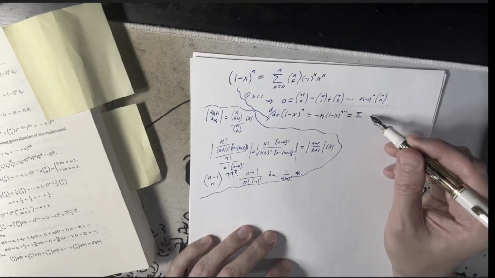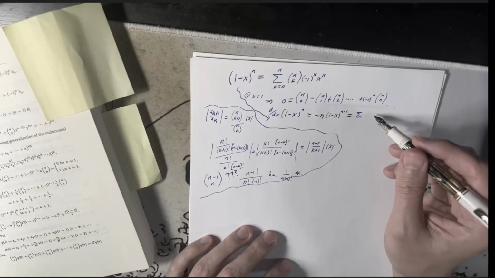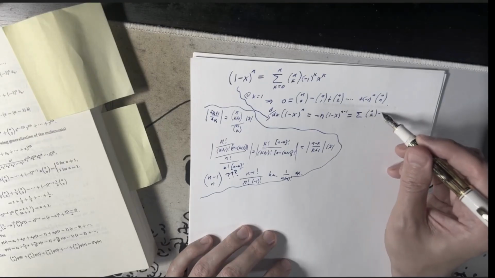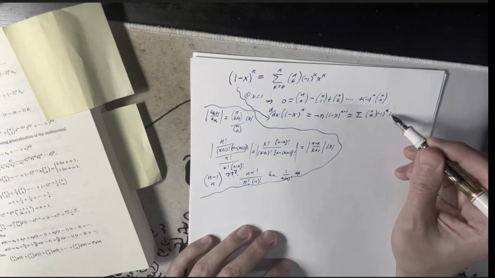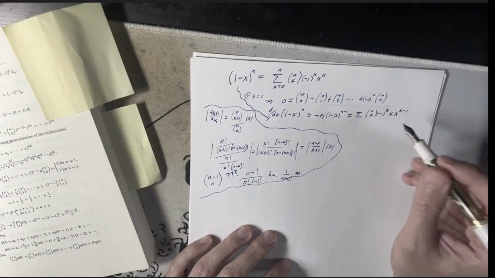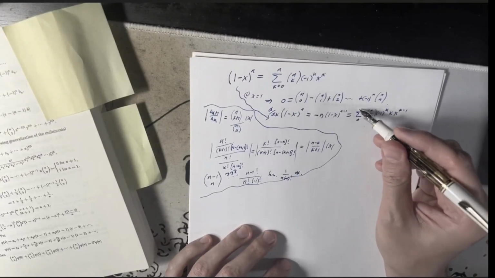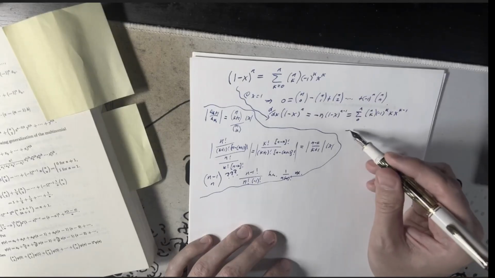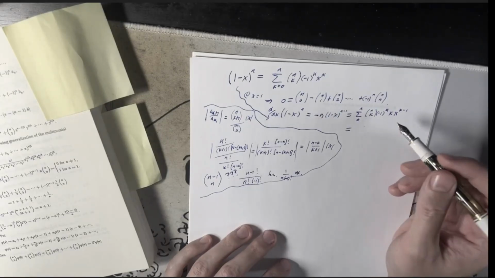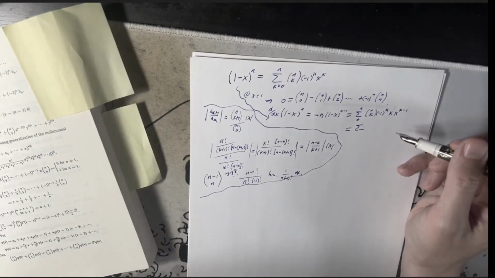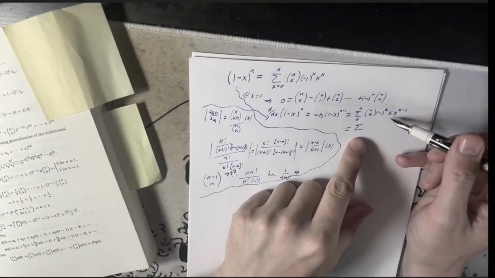on the inside here, we're getting like k x to the k minus 1, which we could reindex. We could rewrite this as, let's see, at 0 you sort of get 0.